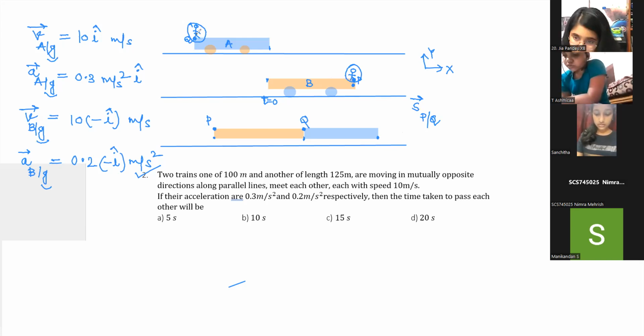Let's say Q is at origin. Okay, fix the Q here. Yes or no? How much distance P has to travel to reach Q? Q is fixed. 225 meters. 225 meters. Very good. This length is 100 meters and this length is 125 meters. Understood or not?